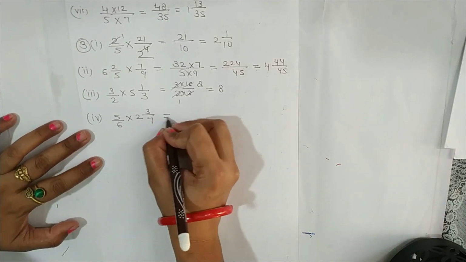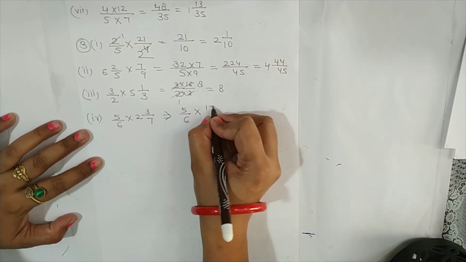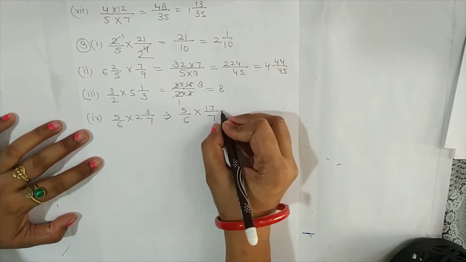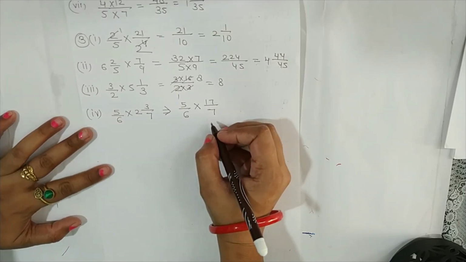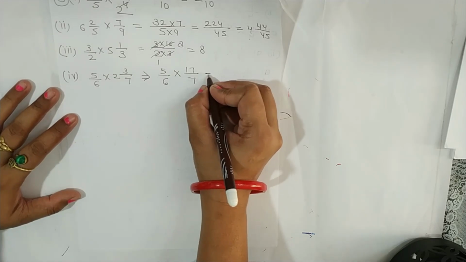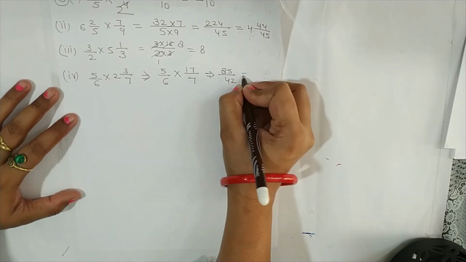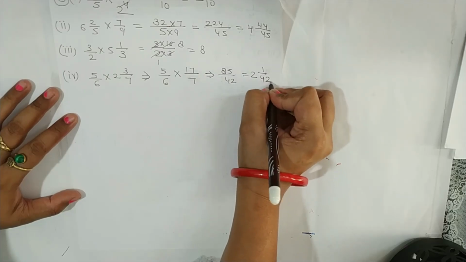So it will be 5 upon 6 into 17 upon 7. No one can be reduced, so it will be 85 upon 42. So it will be 2 1 upon 42.